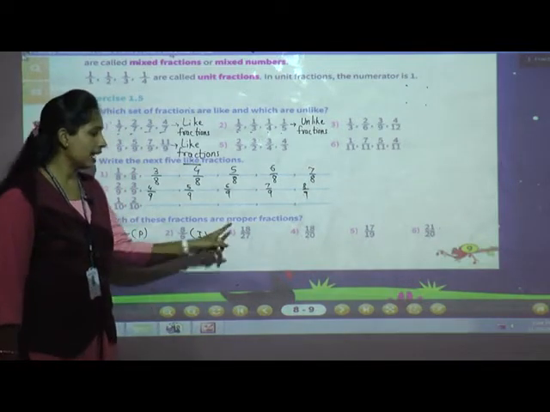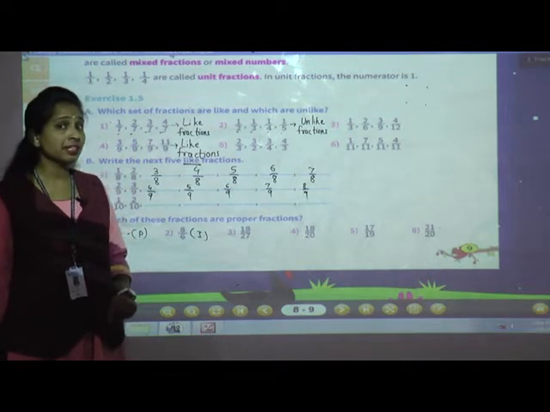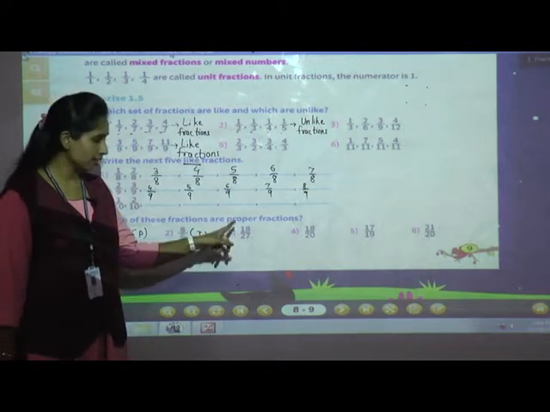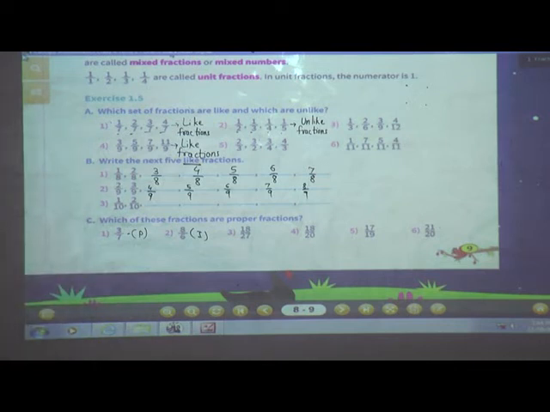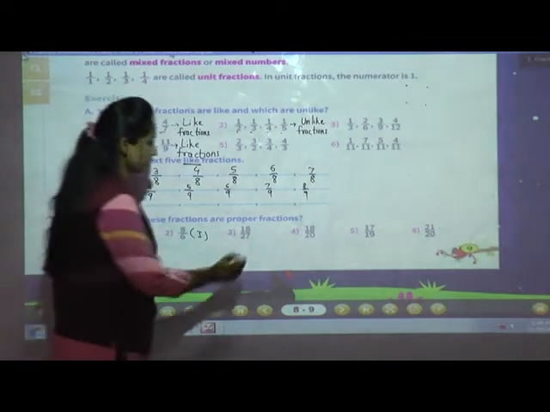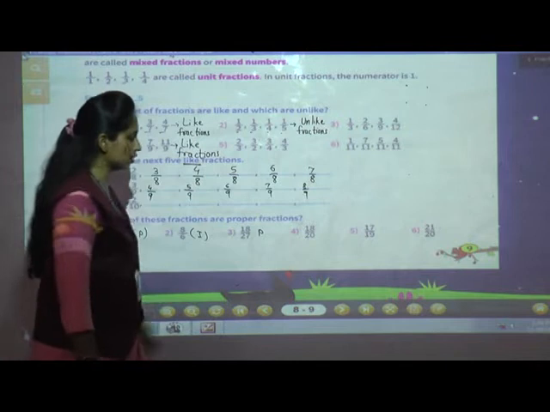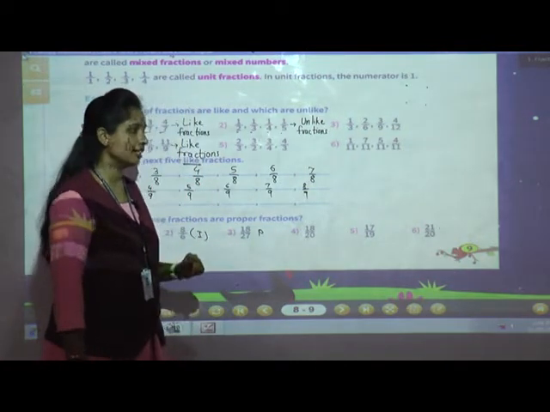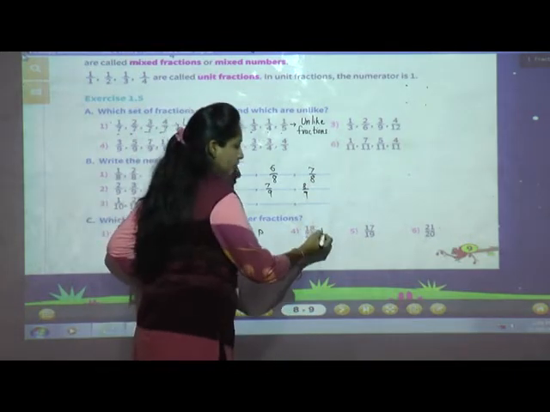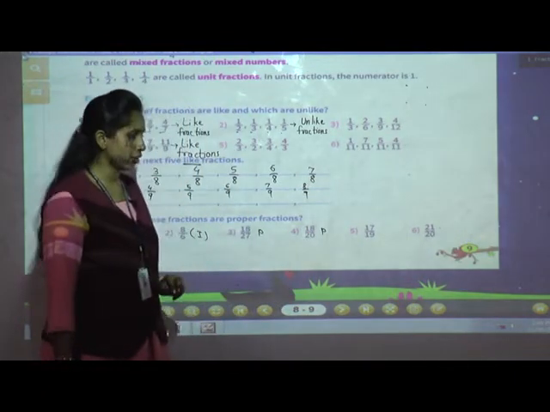Okay. Now see, 18/27. 18 is the numerator. Is it less than the denominator? Yes. The numerator is less than the denominator, so it is also a proper fraction. Now 18/20: here also the numerator is less than the denominator, so this is also a proper fraction.